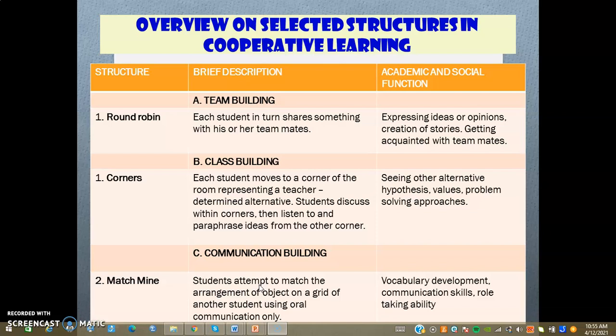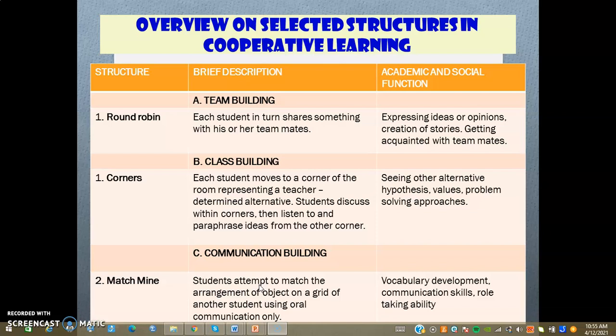Student 1 will draw, or you will follow the instructions given by student 2. Okay, so they will not face each other, but they will have their backs to each other, as if they are turning their backs on each other.